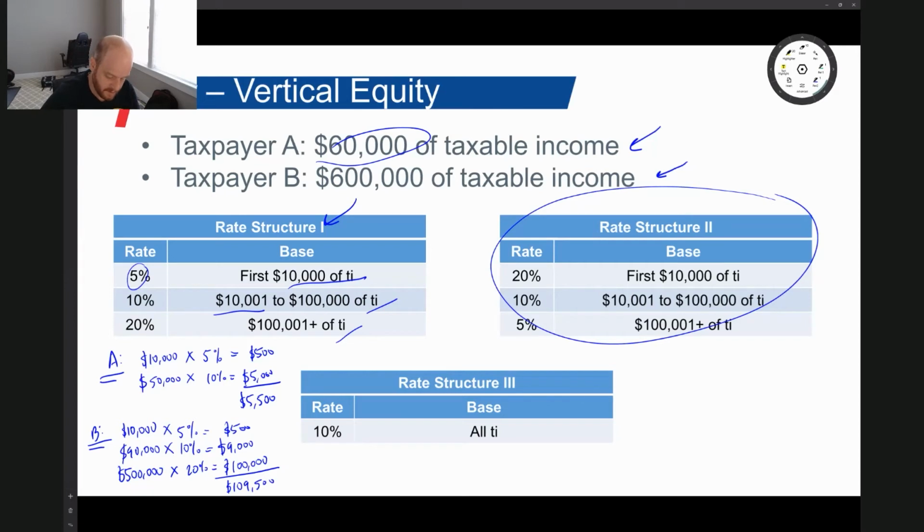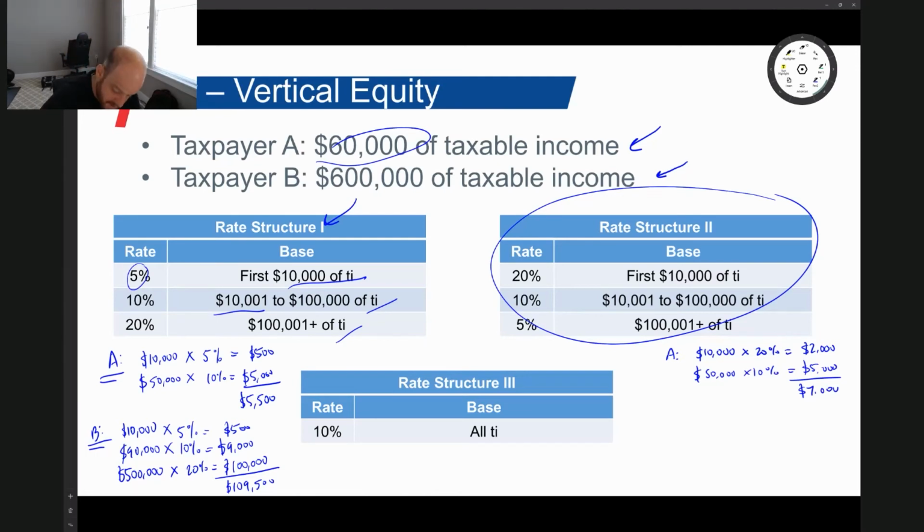With rate structure 2, taxpayer A is going to pay 20% on the first $10,000 for $2,000, and they're going to pay 10% on the next $50,000 for $5,000. So the overall tax burden is going to be $7,000 for taxpayer A.